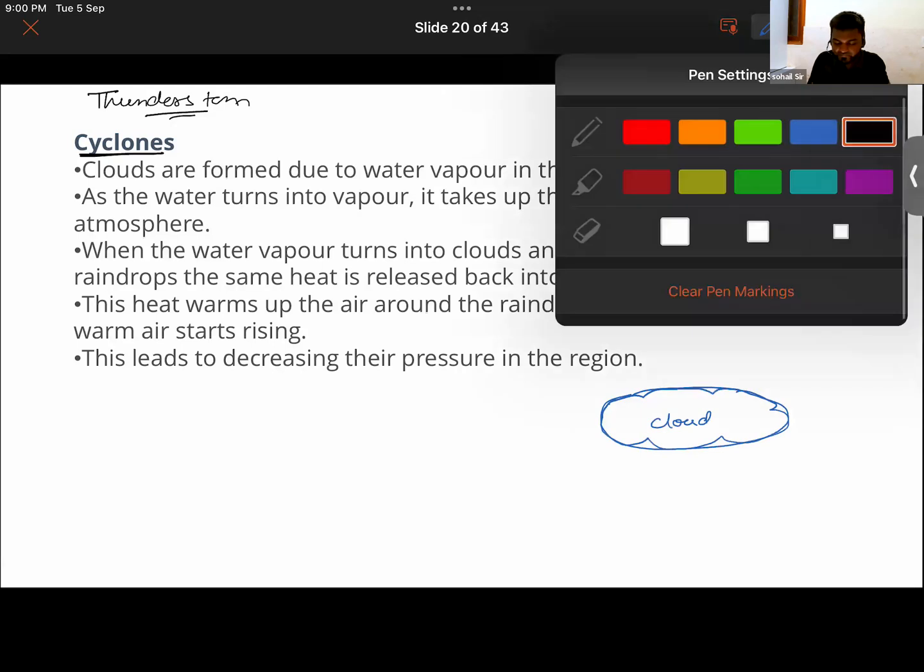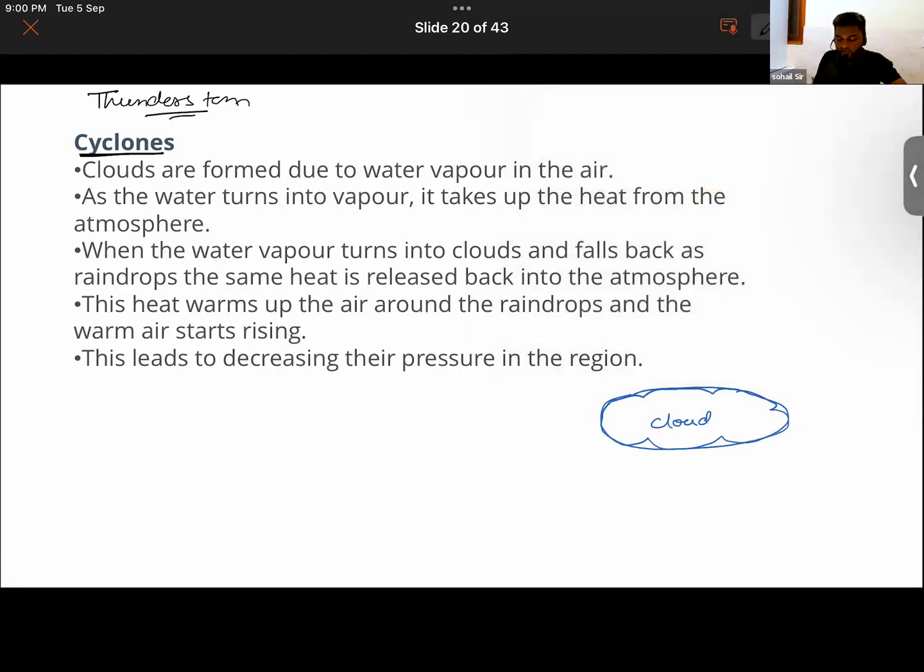Okay, let me clear it. Look here. When the water vapors have risen up, they accumulate and form clouds, the basic things. At the higher levels of the atmosphere, the temperature is lower. So at lower temperature, condensation takes place.